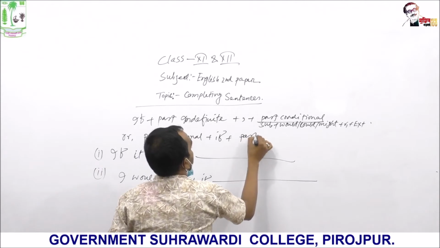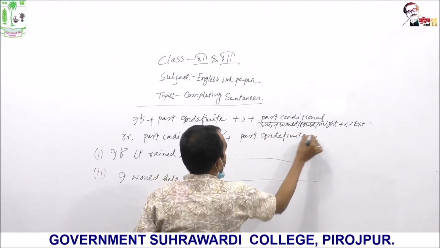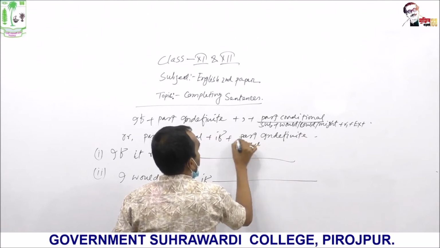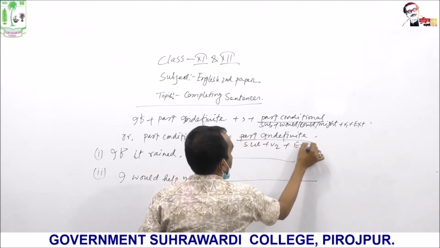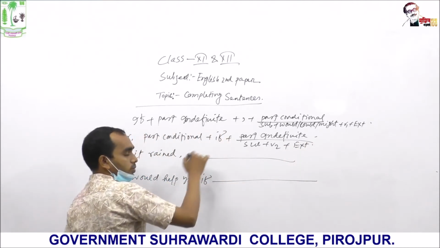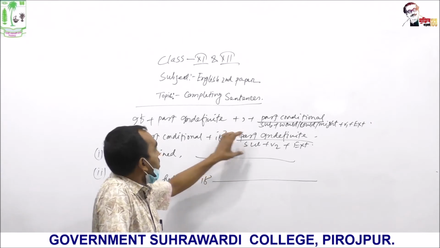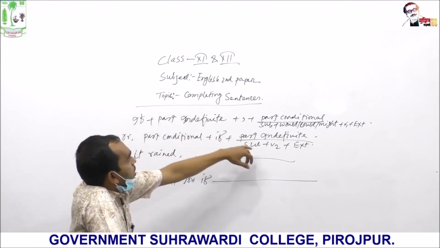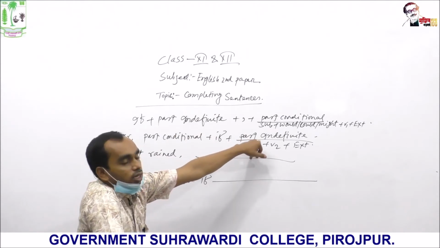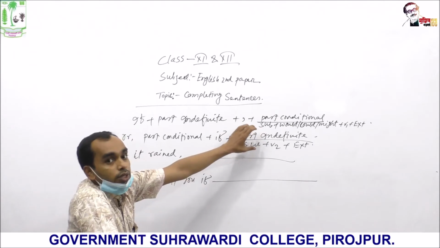Past indefinite, subject plus V2 plus extension. This structure is correct because here I have written the right structure, but in this sentence the latter part was not correct. I have written the correct part, and now follow me.